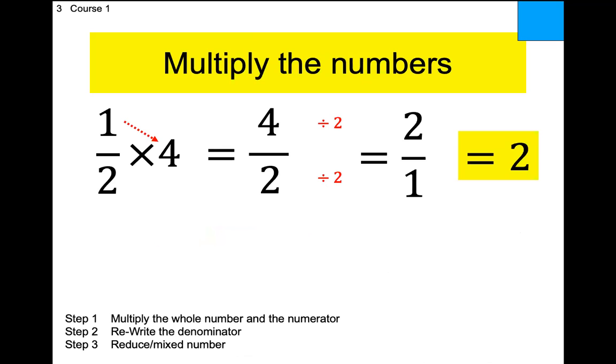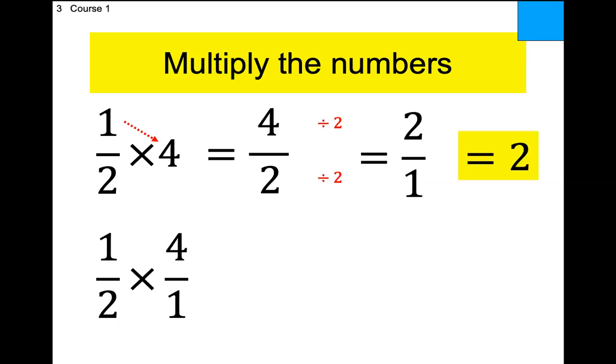Did you notice, and a couple people already mentioned this, that when we did this particular one, we did 1 times 4, we got 4 over 2, we reduced, we got to this answer. Some of you have already noticed that if I had written 4 as 4 over 1, I would have gotten the same answer. This is how we get to the next step, which is how do you truly multiply a fraction times a fraction.